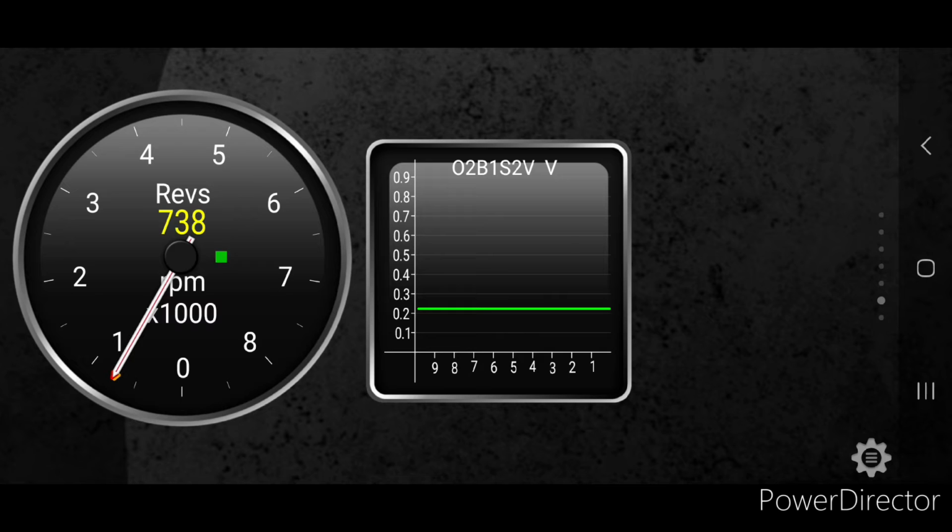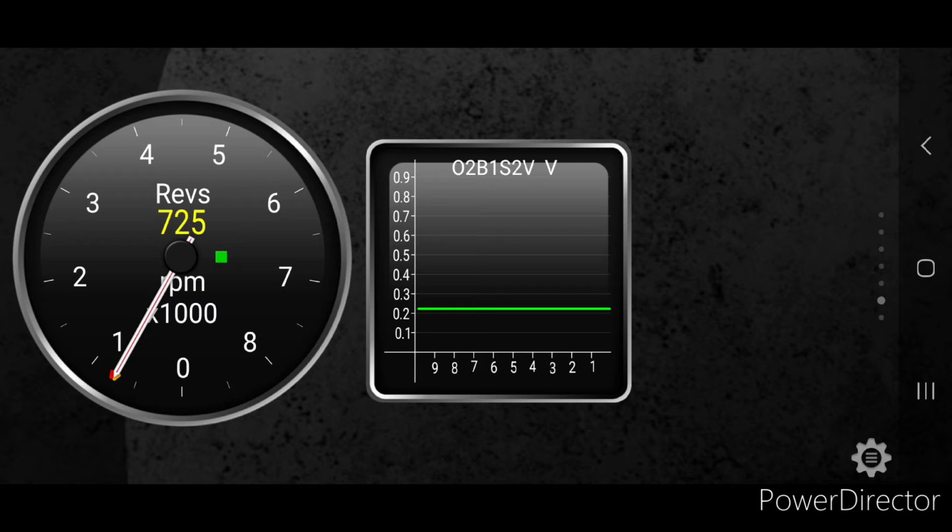I've never seen a value that is very, very low. This reading tells us that the catalytic converter is performing well. It's producing lean emission gas. It's saying here that the catalytic converter is really eliminating the harmful gas, but this one is too low.